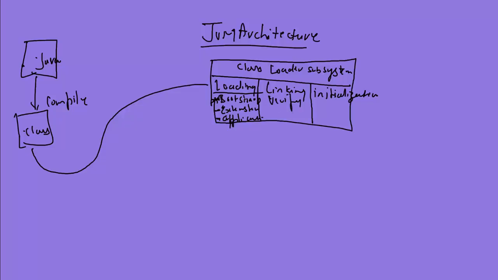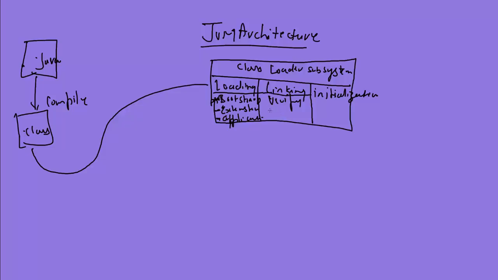If the loading is not successful, it will throw an error saying no class definition found error, or there are some other errors which I'll let you know in the coming sessions. If the loading is not successful, then immediately the error will be thrown back to the client. If the loading is successful, the next stage is linking.